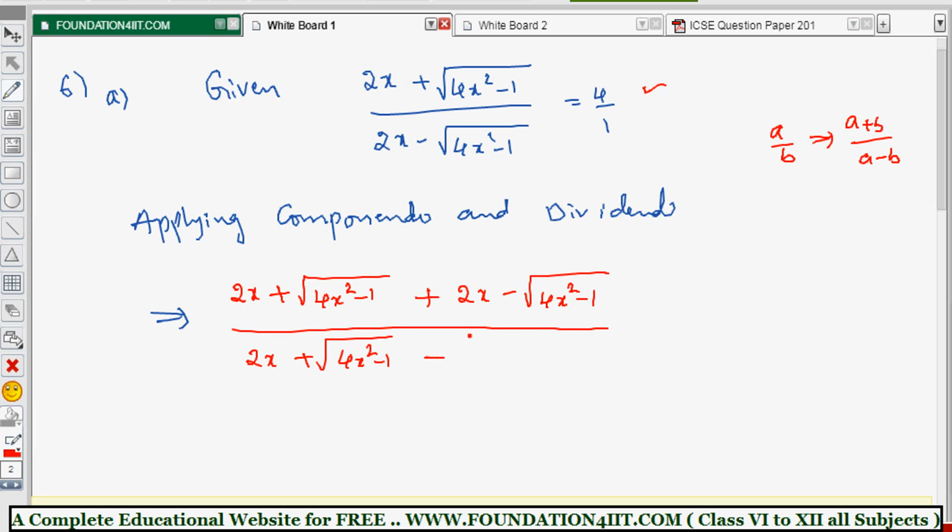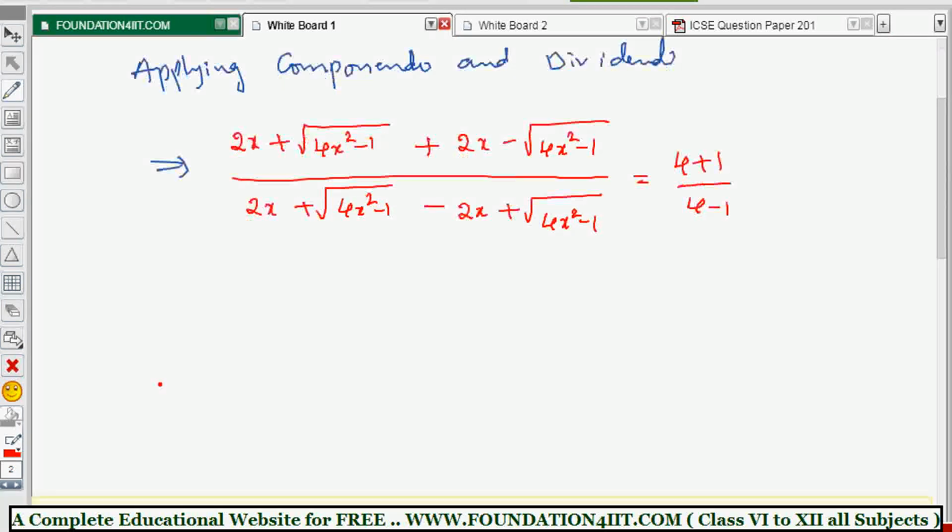Now it's minus, so minus to minus is plus here, so it is 4x square minus 1, equal to 4 by 1, right? Same, 4 plus 1 by 4 minus 1. Just apply this rule.